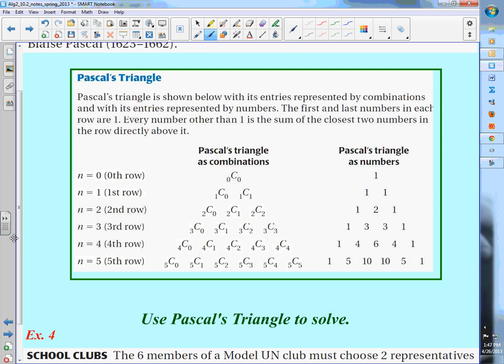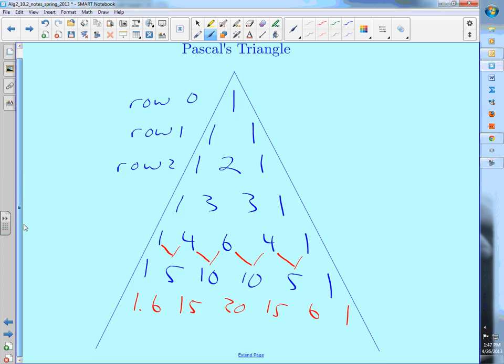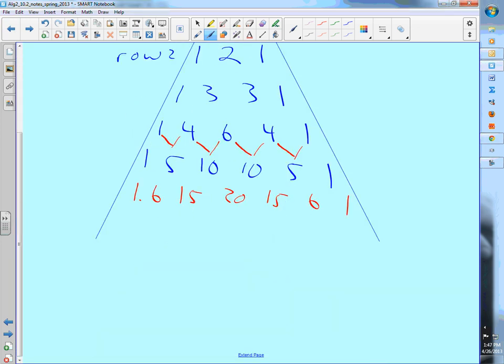So if I go back to Pascal's triangle here, and we know this is row 7, this is going to be 7 taken 0 at a time, 7 taken 1, 7 taken 2, 7 taken 3, 7 taken 4, 7 taken 5, 7 taken 6, and finally 7 taken 7 at a time.